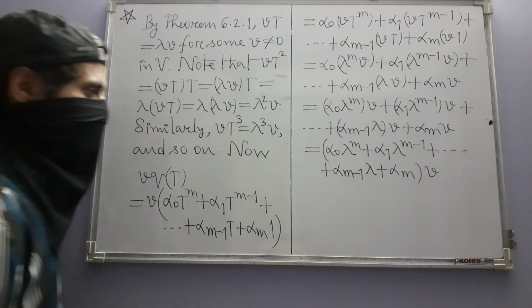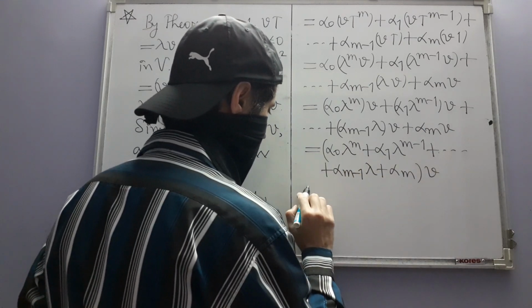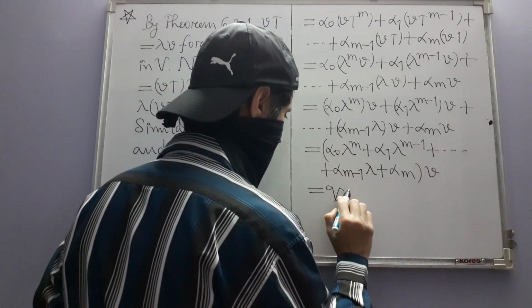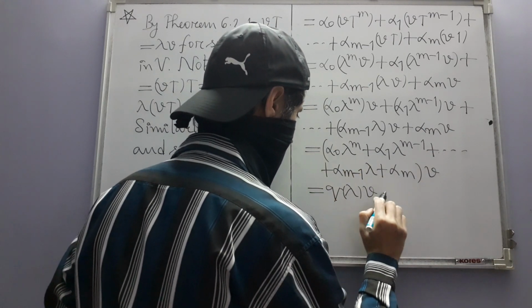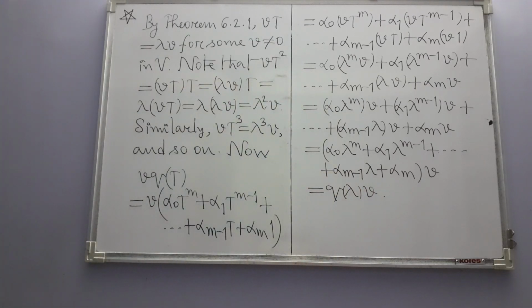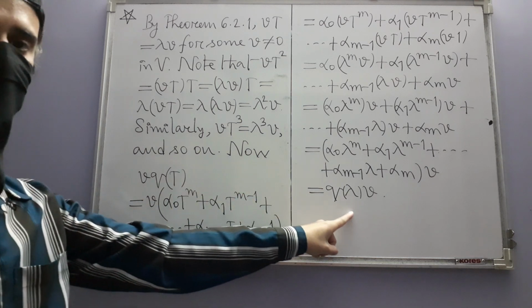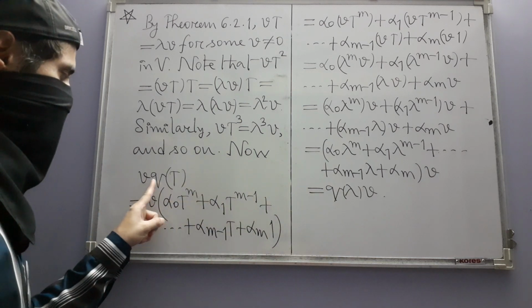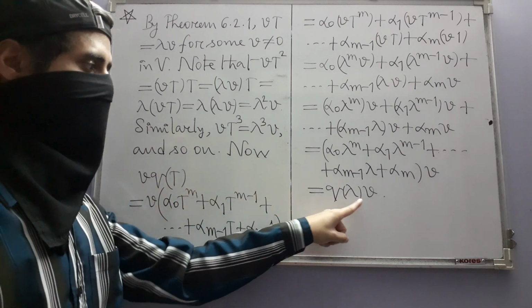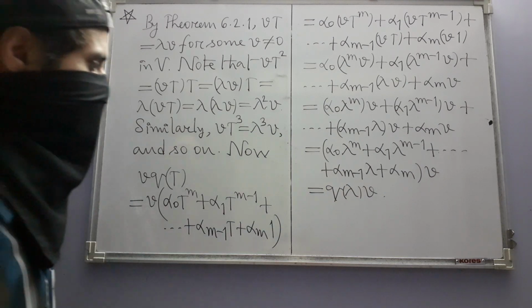Now, if you look at this, this is nothing but q(lambda) times v. Looking at the first one and the last one, on v we have applied q(T) and we are getting q(lambda) v.